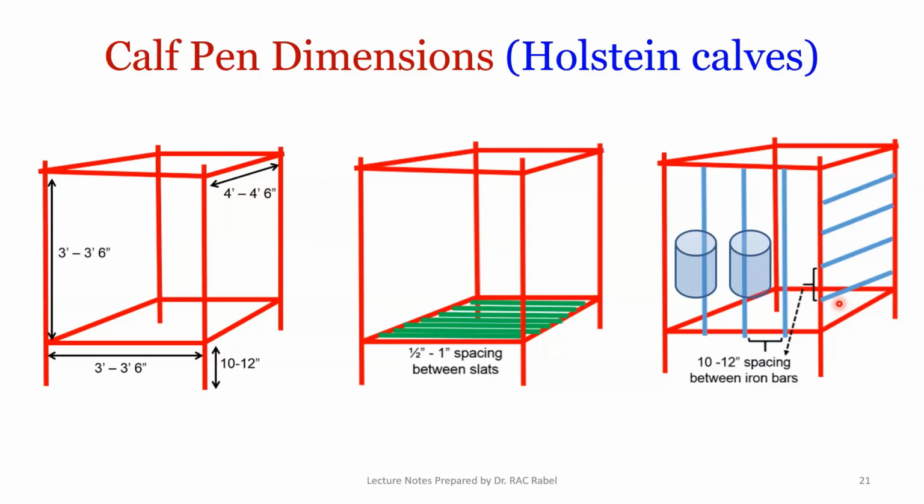Same goes with bedding, right? Now we say usually sand is the best bedding, right? So typically the bedding material available for us are sand, straw, or wood shavings, or the rice hull, right?